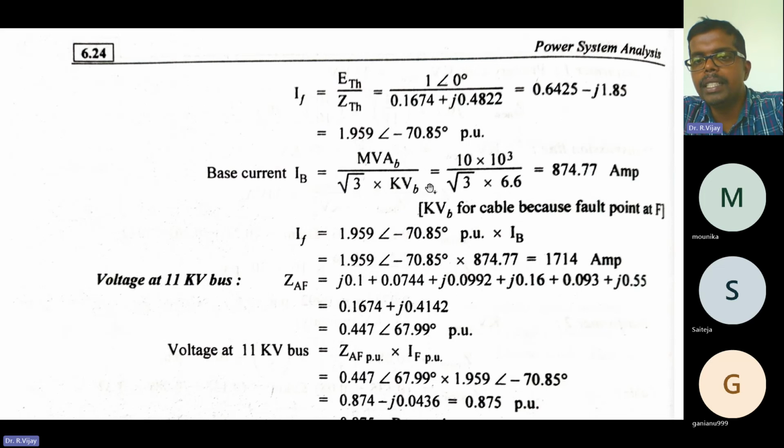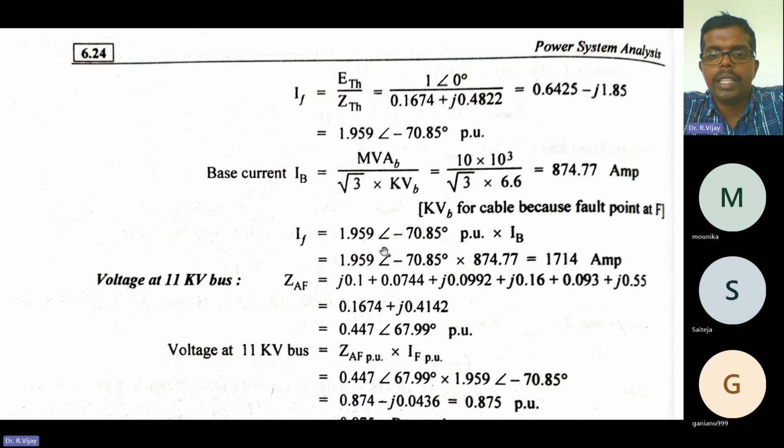KVB is nothing but 6.6 kilovolts. Further simplification, you will get the base current as 874.77 amperes.